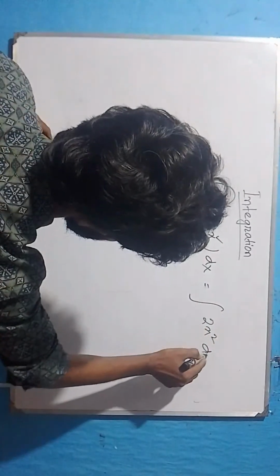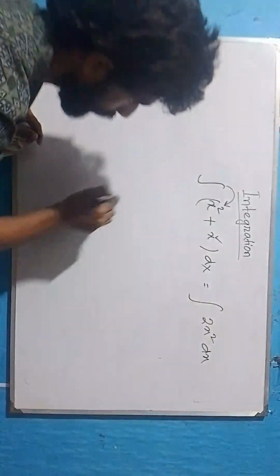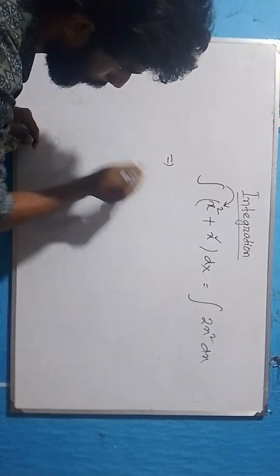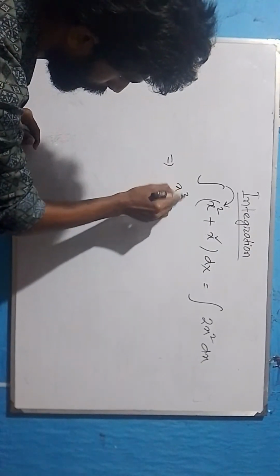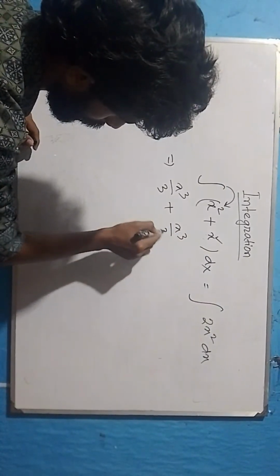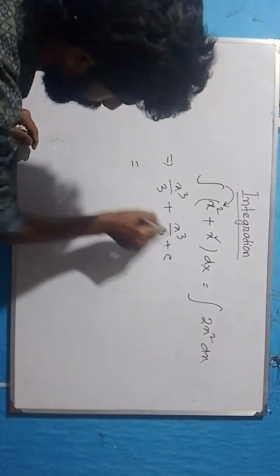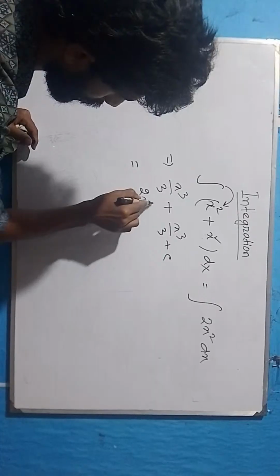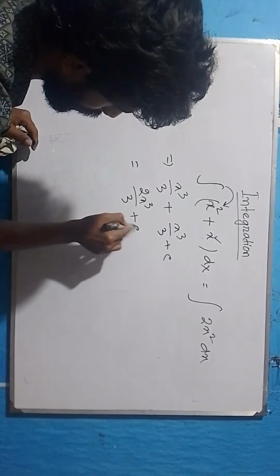Okay, so this is 2x square dx. So this is x cube over 3 plus this is also x cube over 3 plus c, and this is totally 2x cube by 3 plus c.